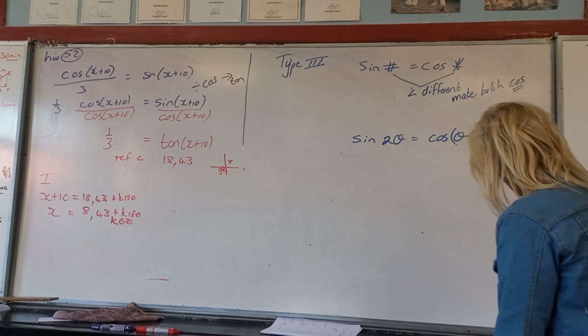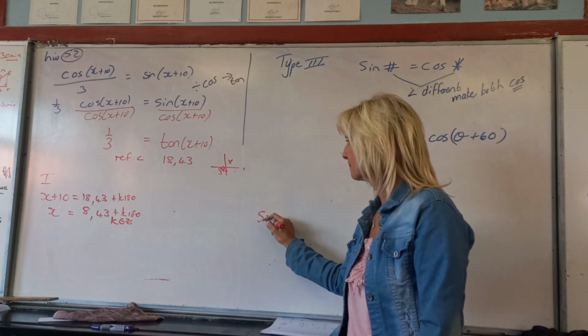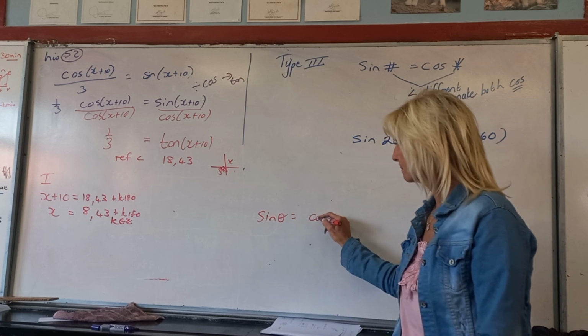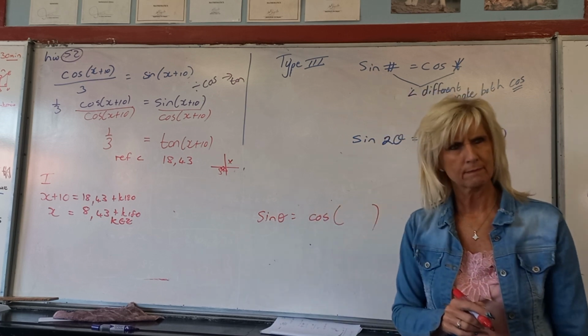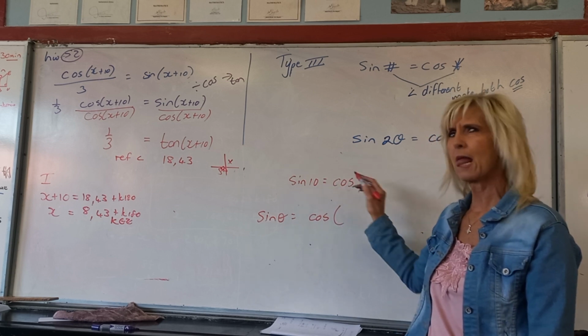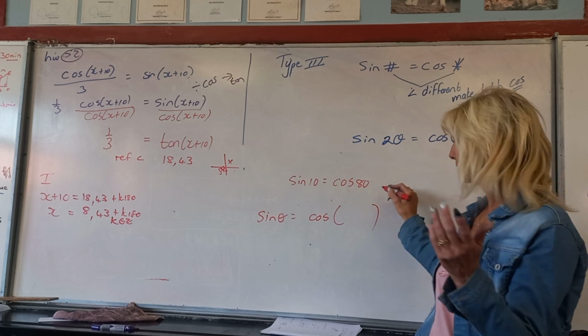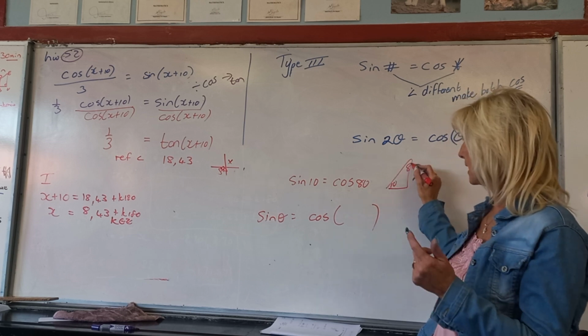Now, how do I make sin into cos? Do you still remember that sin 10 was equal to cos 80? Remember? From triangles, if the one angle is 10, the other is 80.